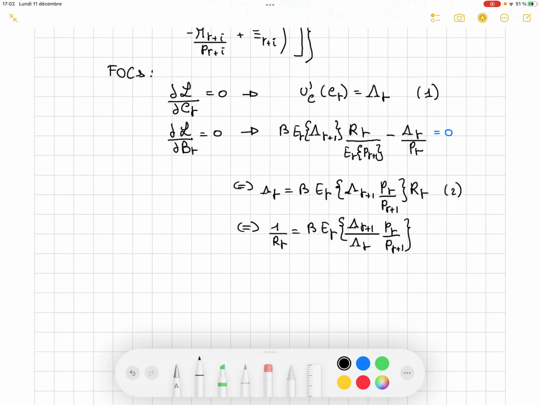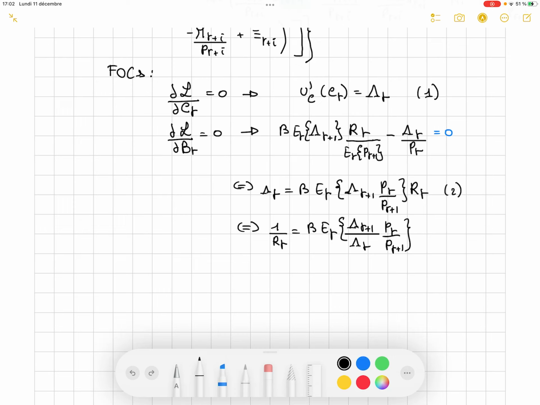But now, what can we say from this expression? In a sense, you can consider our second equation as a marginal benefit equals marginal cost equation. What is this expression?